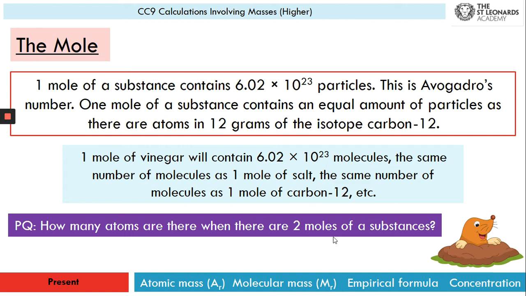Okay, so 1 mole of vinegar would contain 6.02 times 10 to the 23 molecules. Same number of molecules if I had 1 mole of salt, 1 mole of carbon, whatever it was. Okay. So if I had 2 moles of a substance, hopefully you'd be able to work out how many molecules there would be with that.